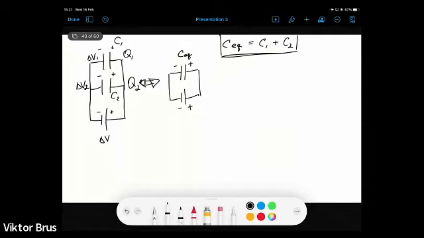So what will be the total charge accumulated by capacitors in this battery? Q total will be equal to Q1 plus Q2.